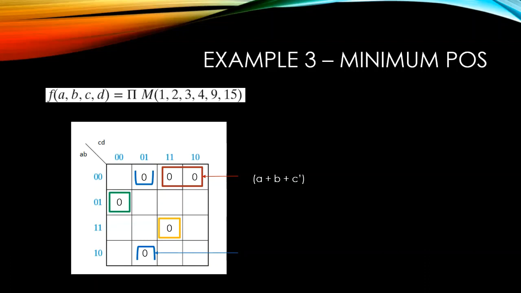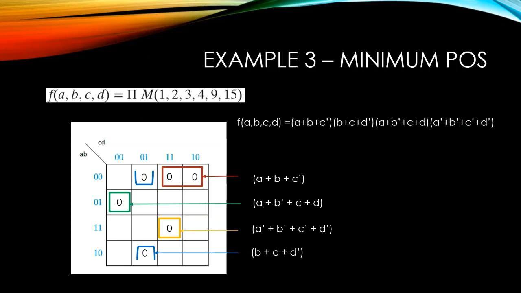Okay, so therefore, B plus C plus D naught. And for this group, so 0, 1, 0, 0, A plus B naught plus C plus D. And for this group, A naught plus B naught plus C naught plus D naught. And then add these four terms to get the minimum POS. So that will be our final answer.